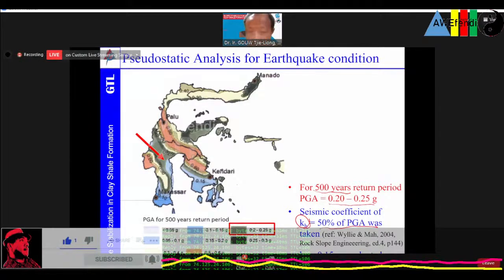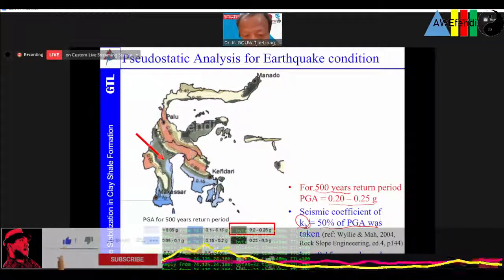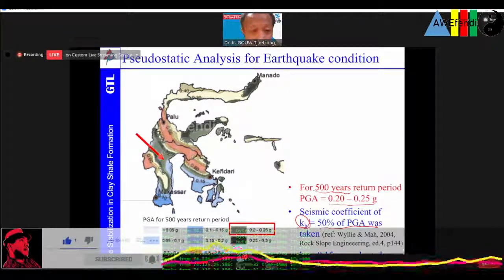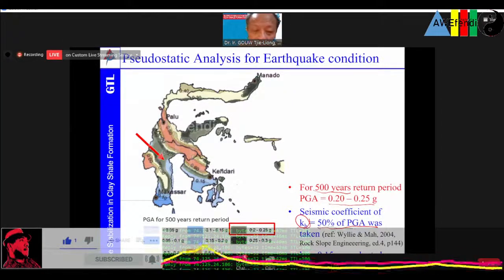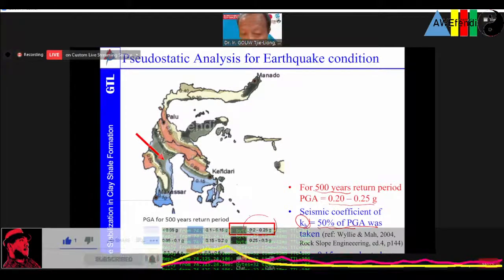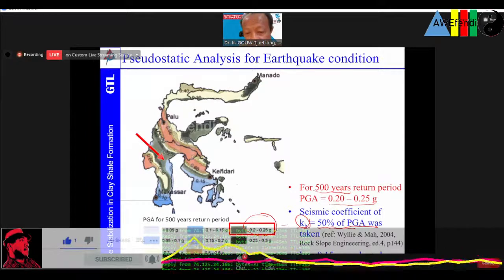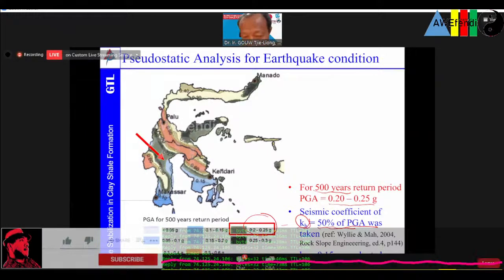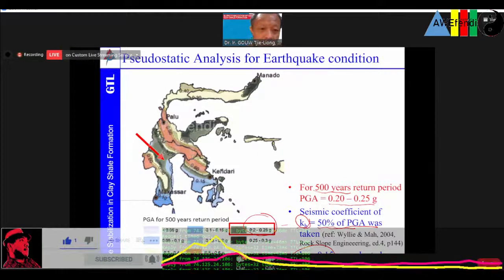Based on the reference we got, and also some of the codes, the project team finally agreed that we took 50% of PGA. That's when we assume the PGA of 0.3. Actually, we don't take the really 50%. So what we took is KH equal to 0.15 for the evaluation.